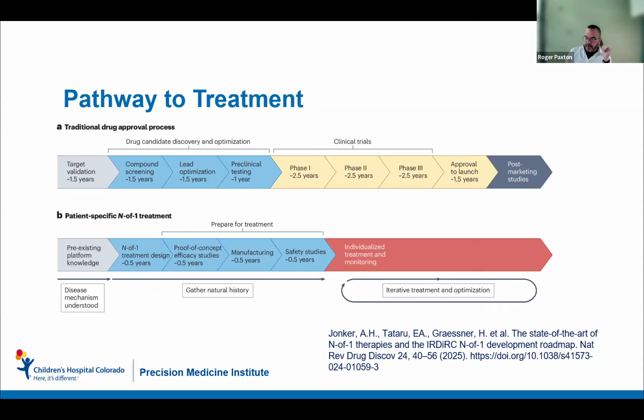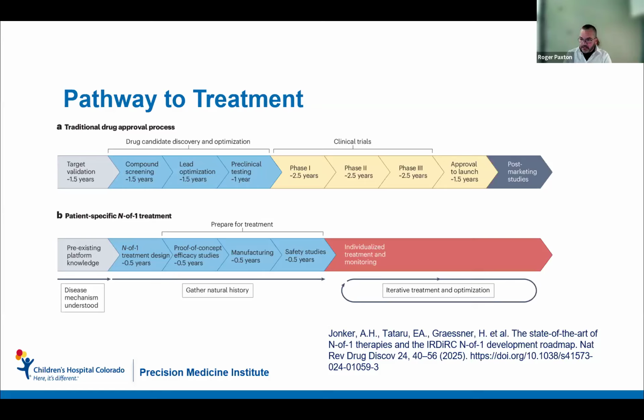And then in portion B, we see the model leading to an InnovOne treatment with treatment design, proof of concept studies, manufacturing, and safety studies. Then moving immediately into individualized treatment and monitoring.